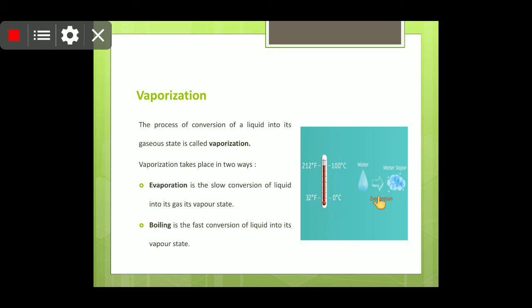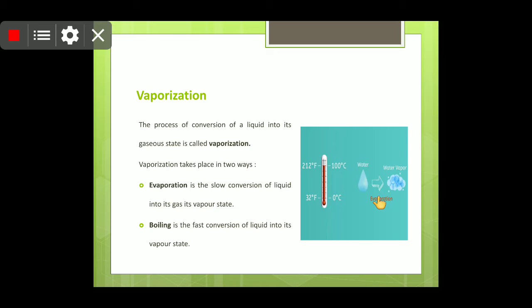Similarly, children, this process is known as vaporization, and vaporization could take place by two processes, and these are evaporation and boiling. So we are going to see in detail what is evaporation and what is boiling, and how evaporation is different from boiling. So, children, the process of conversion of liquid into its gaseous state is called vaporization.